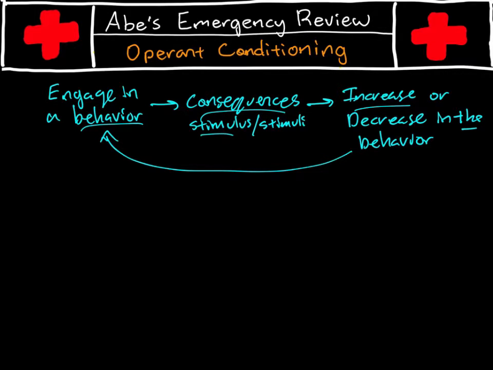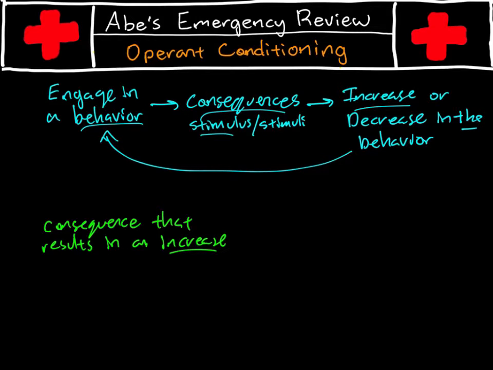We said that when we have a consequence of our behavior, there's two different possibilities. We can have a consequence that results in an increase in the behavior, or we can have a consequence that results in a decrease.